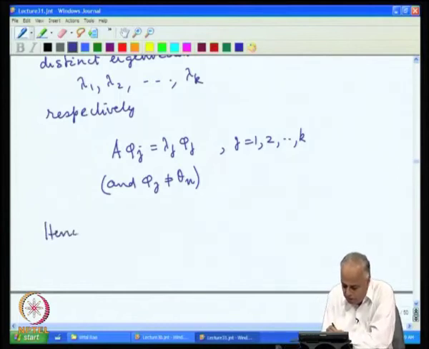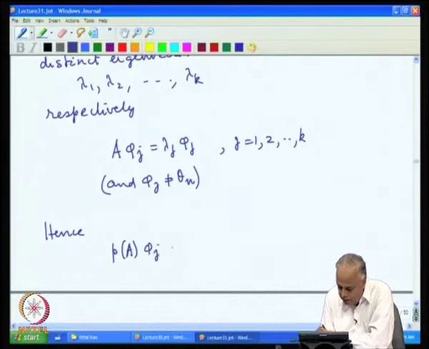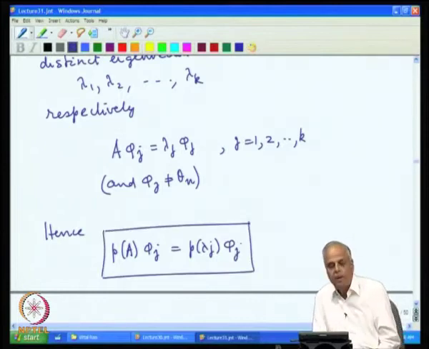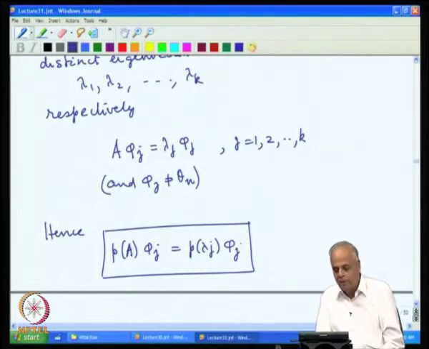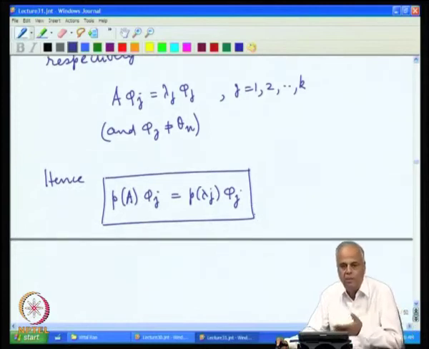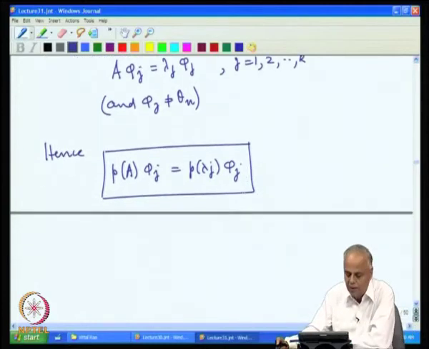Hence, from our above calculation, P A phi j is equal to P lambda j phi j. This is what we have found above, that the polynomial matrix evaluation acting on the eigenvector is the polynomial evaluation at the eigenvalue multiplying the eigenvector.